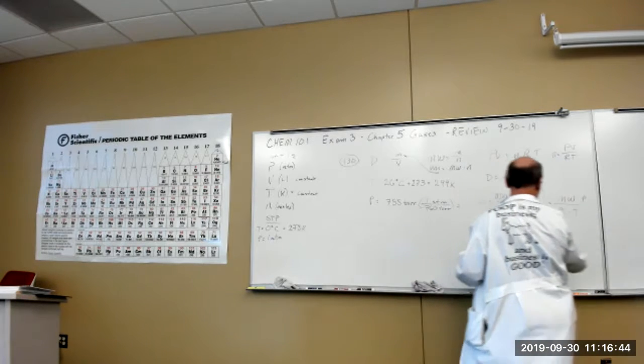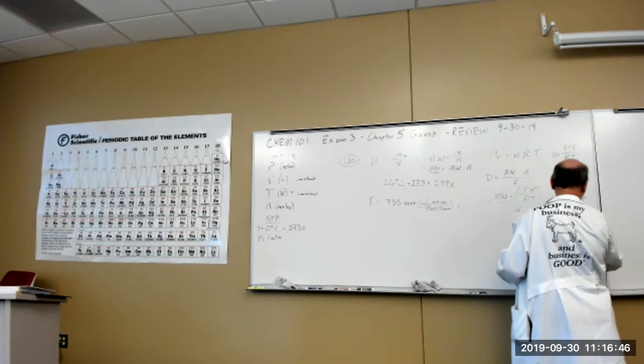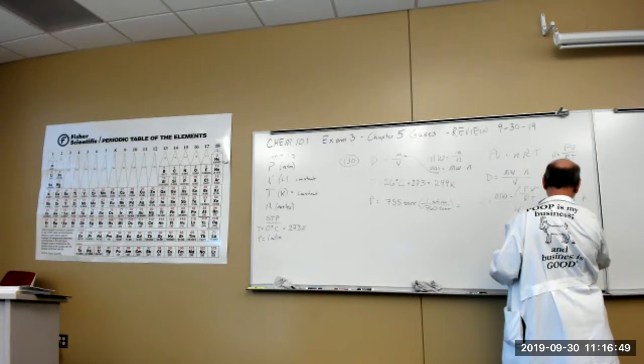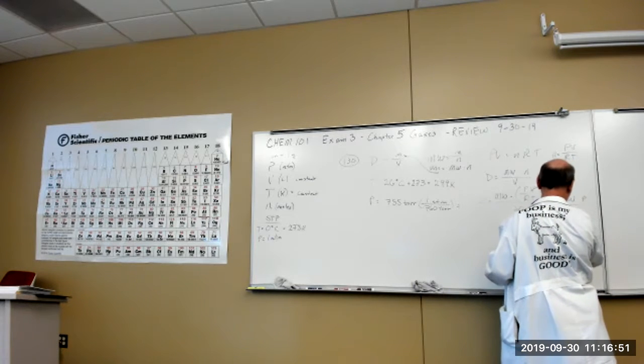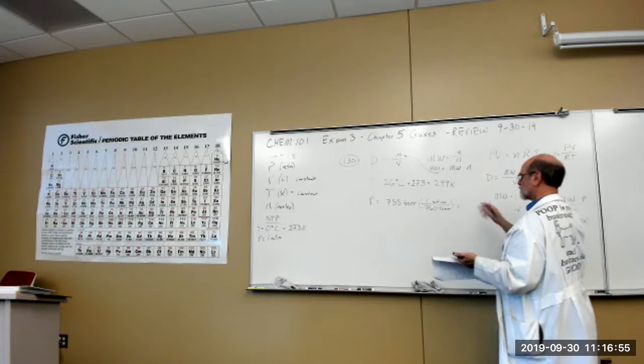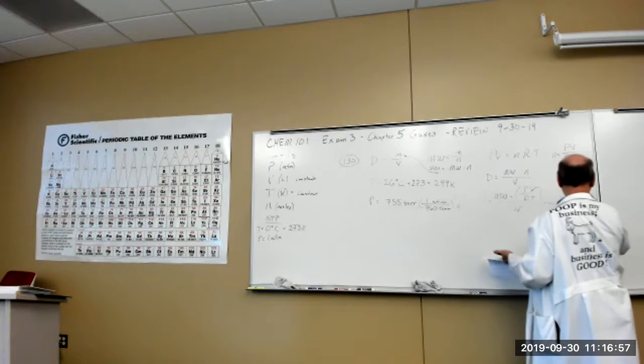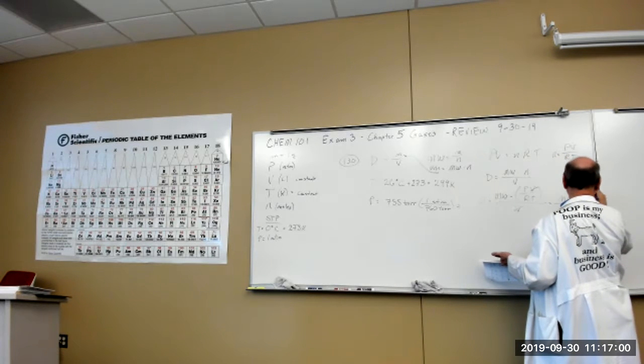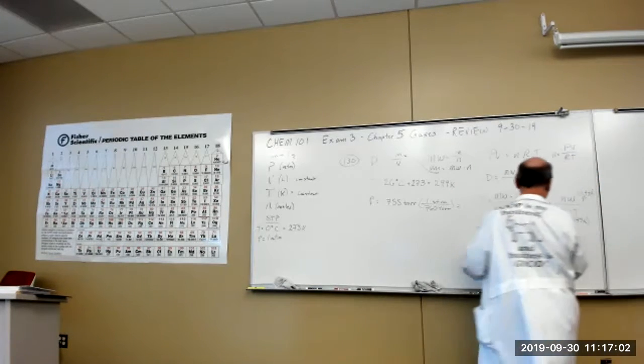Temperature is 299. This is 0.08206. Pressure is 0.993.